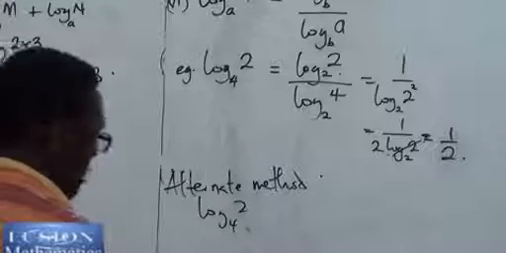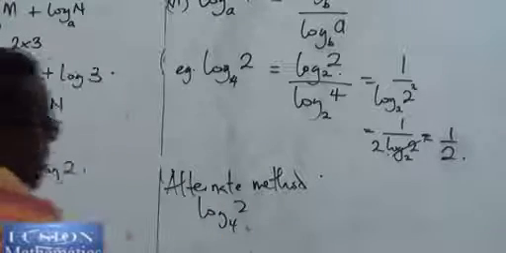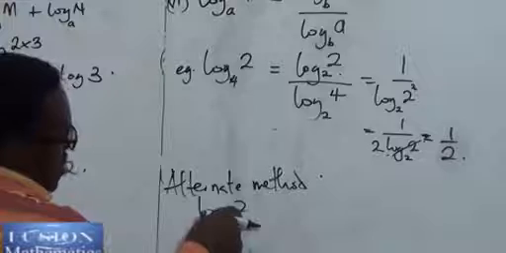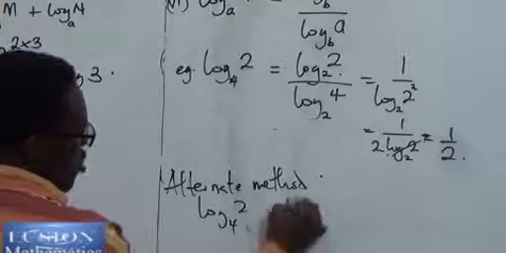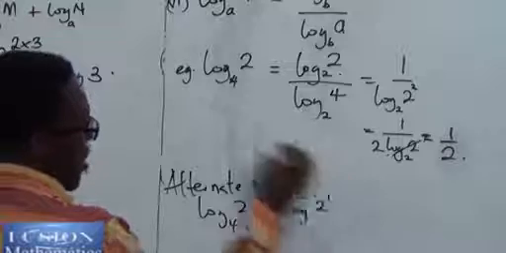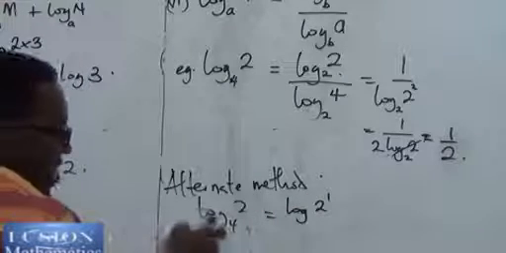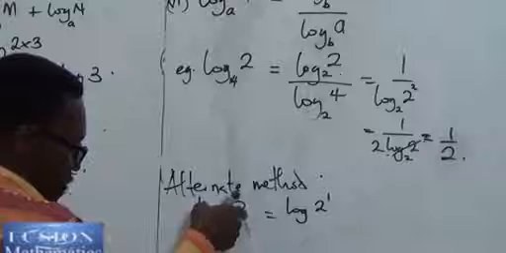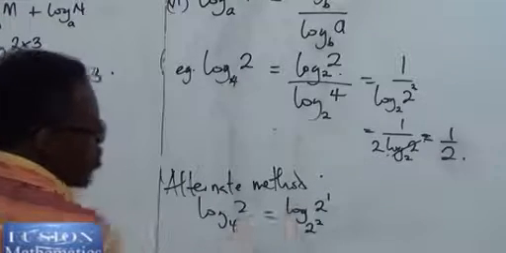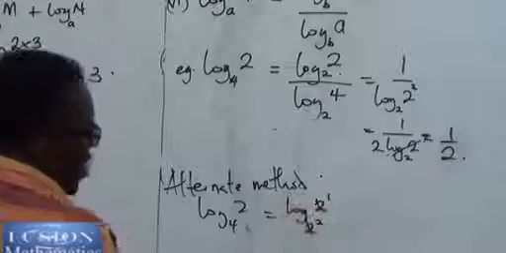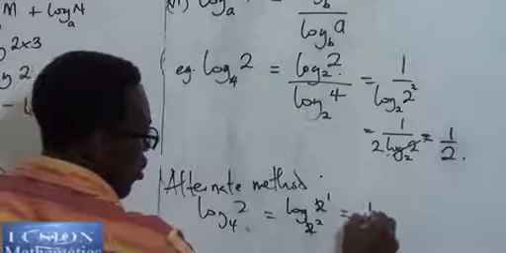What we do is, we take the number to the base of the number at first. This will give us log 2 raised to the power 1. Then the base, we also take it to the same base, which is 4, the same thing as 2 raised to the power 2. So this base and this base will cancel out, and this will give us 1 all over 2.